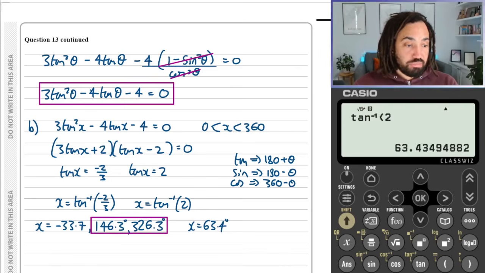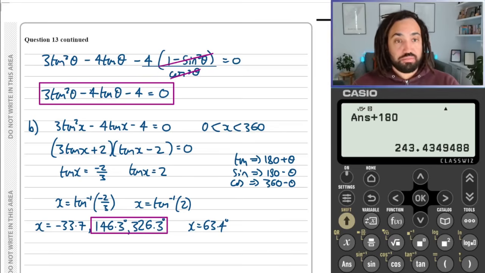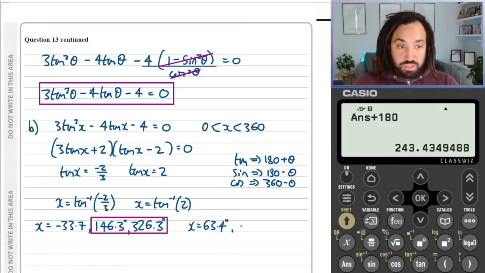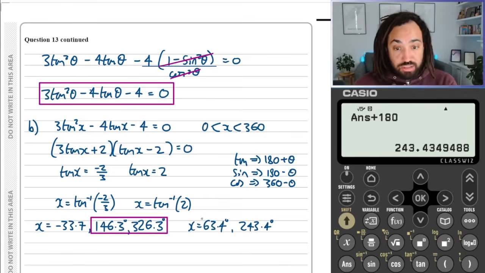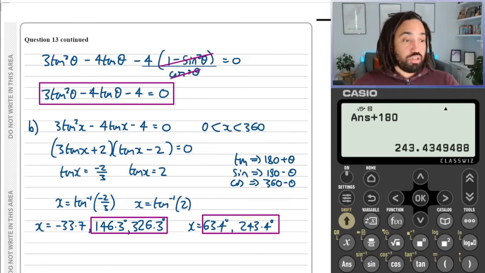And then we can simply add 180 to that to get another solution, 243.4. And then we can't find any more solutions, because if we add or subtract 360 to either of these, we'll go outside of the range, of course. So those are the final answers.